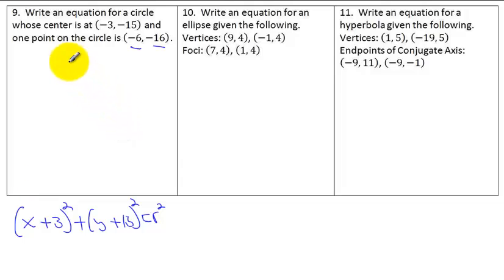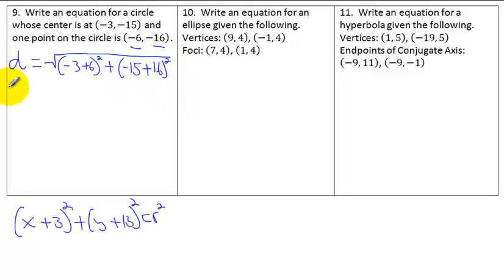On the solution guide, I think I did it a little differently, so let's just get the distance. The distance between these points will give us the radius, so I go -3 minus a -6, square it, plus, and now I'll take the y value, -15 minus a -16, and square it.